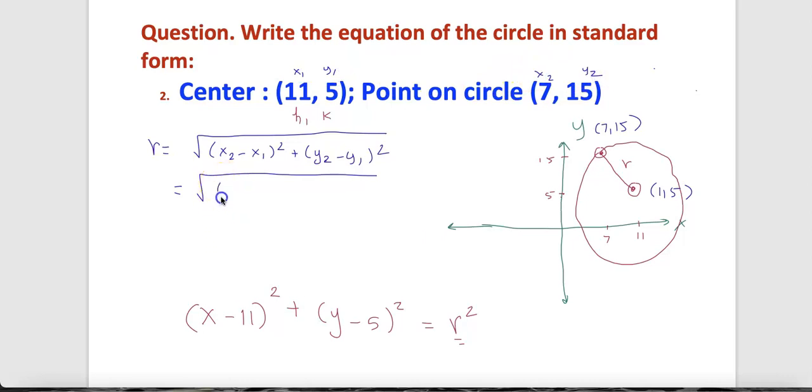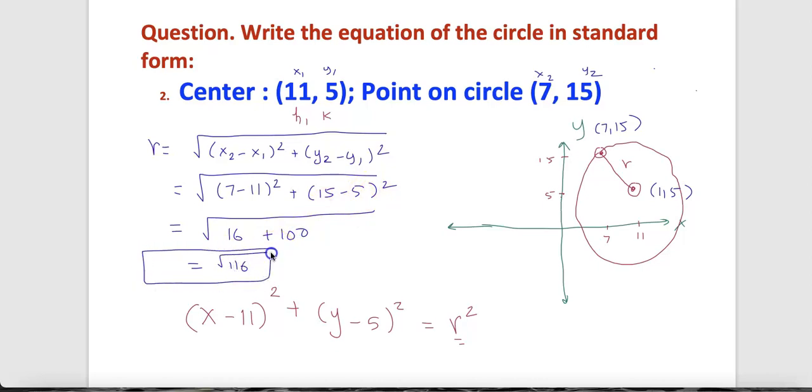So x2 is my 7 minus 11 whole square plus 15 minus 5 whole square. At this step you can also use your calculator. So this will give me negative 4, this will give me 16, plus this will be my 10, this will be my 100, and this will give me radical 116. So this is my radius, radical of 116.